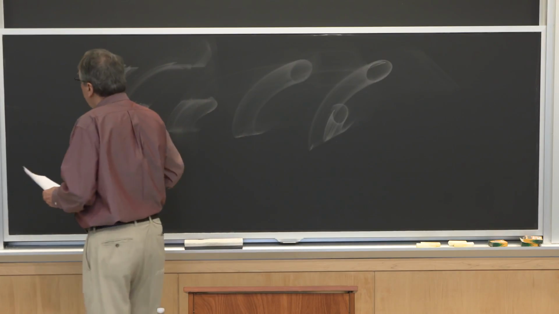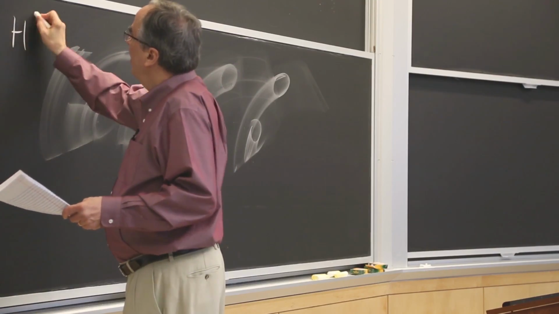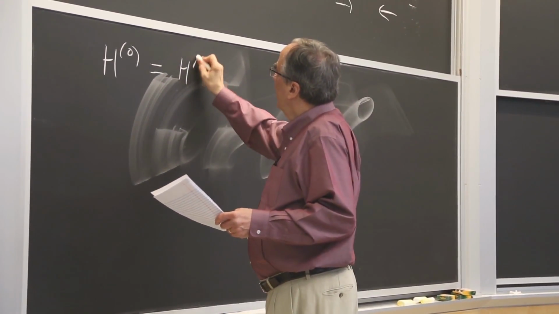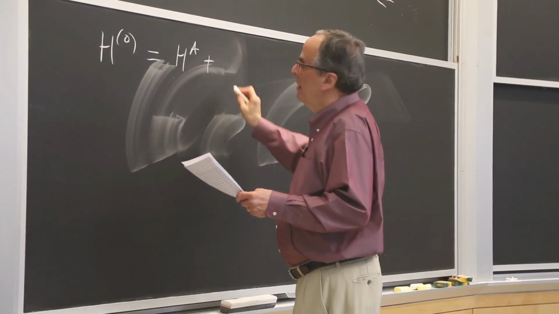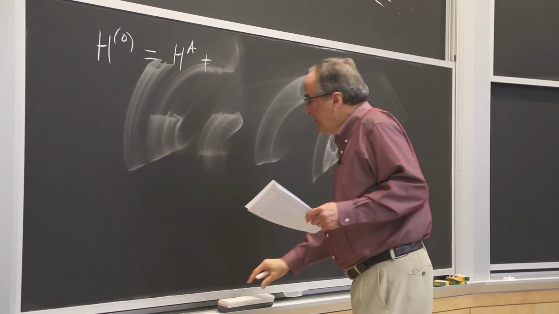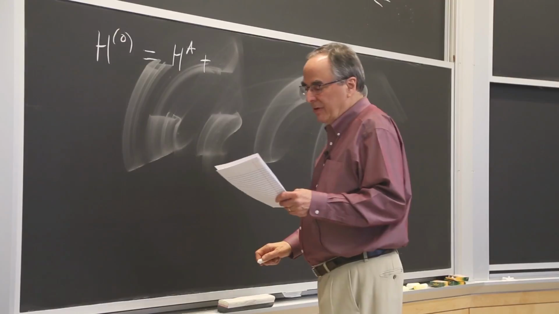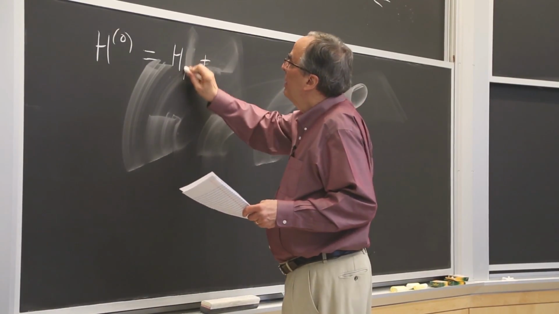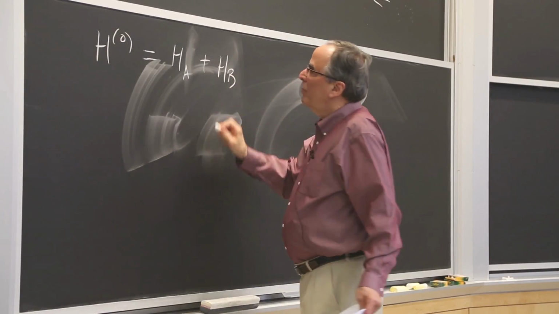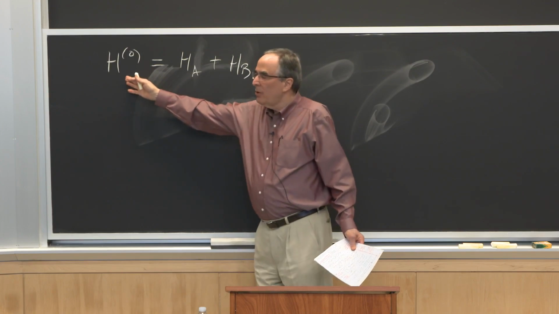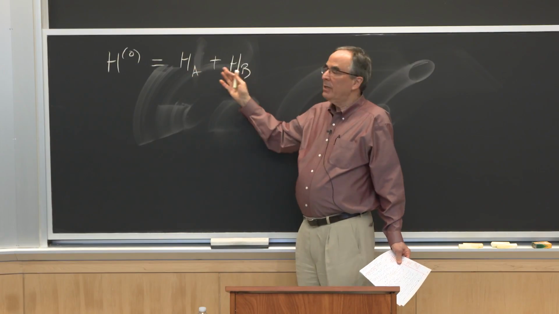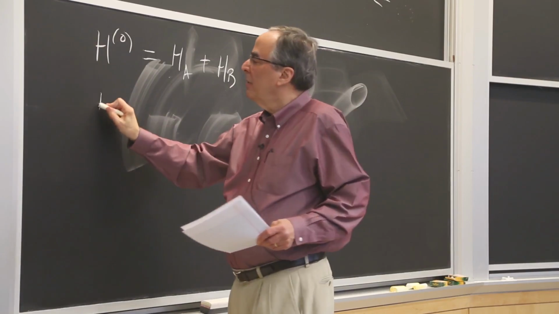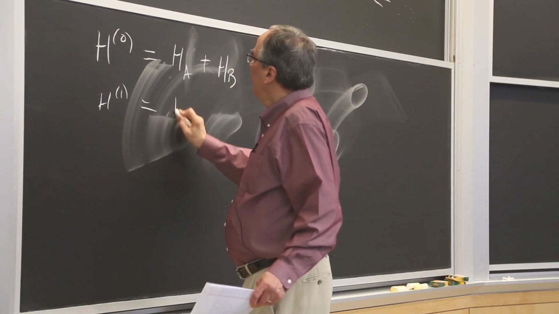So in perturbation theory, we have an H0. I have to make sure I use consistent notation; I see I have inconsistent notation in my notes, but anyway. The Hamiltonian is the sum of the individual system Hamiltonians, HA plus HB, and the first order term is VAB.